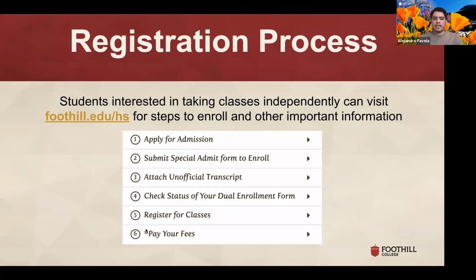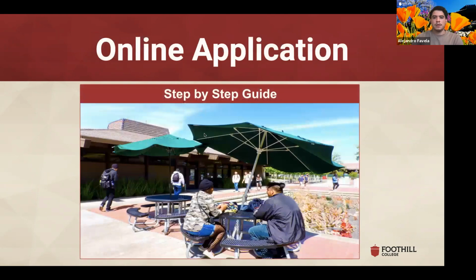You can actually do that. You would have to petition for it. But once again, that means you'd be responsible for paying for the entire 15 units, not just the extra ones. If there are any more questions around that, I can get to them at the end of the presentation. And then, cool. So the online application, once again, this is step 1 of the registration process.